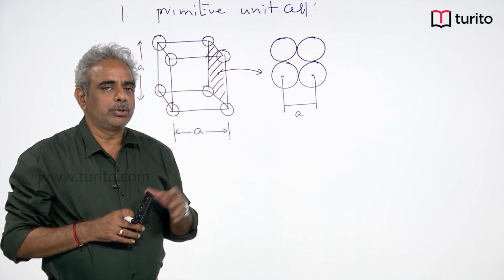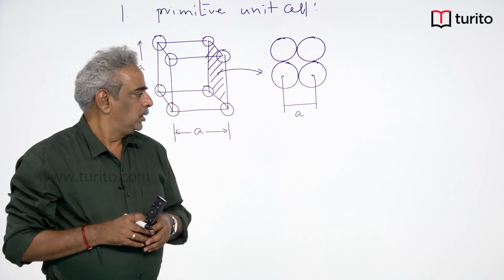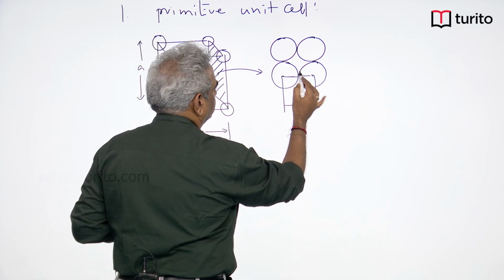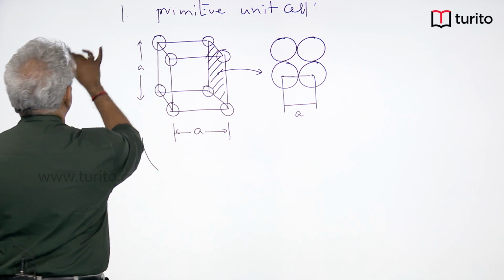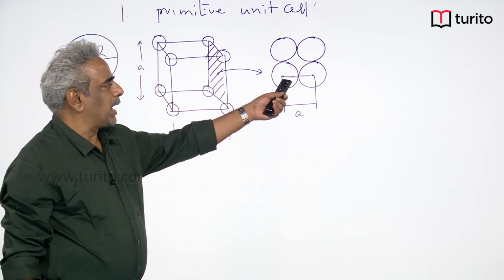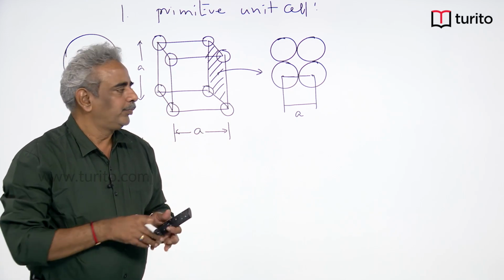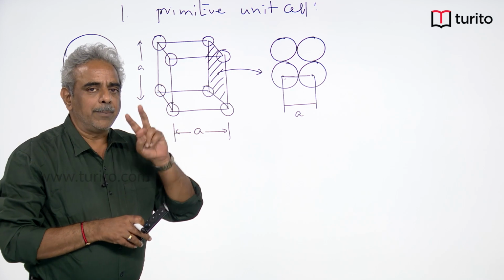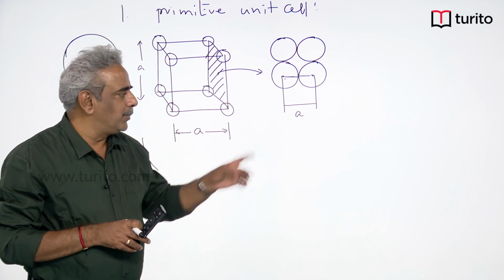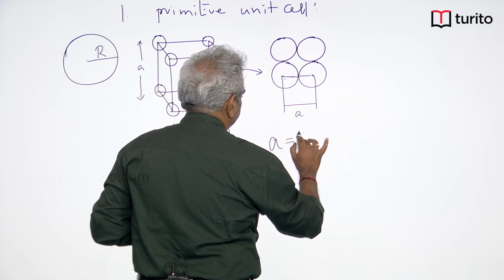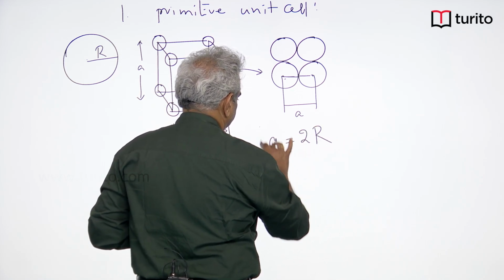So then immediately we can say this is nothing but the radius of one sphere, one more radius. Let me call the radius of the sphere as capital R. How many capital R's are you seeing there? For this sphere 1 R, for this sphere 1 R. There are 2 capital R's, meaning 2 radii will make the edge length. So, a is equal to 2R.